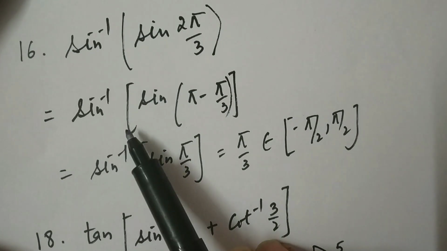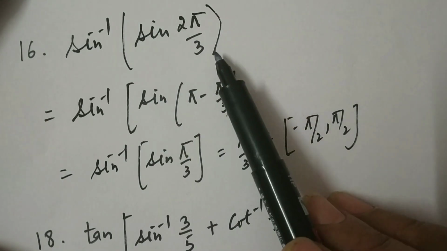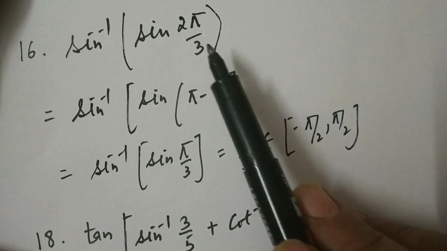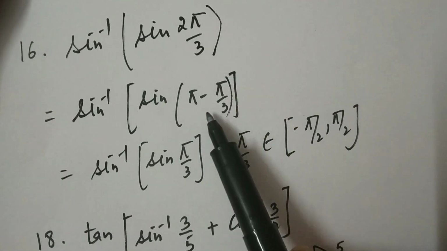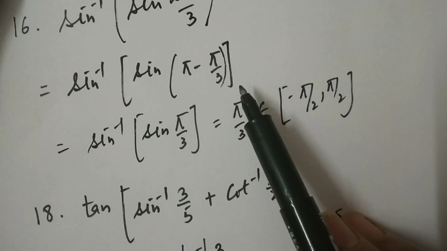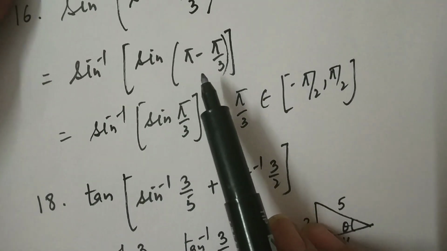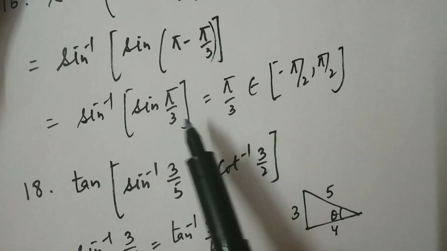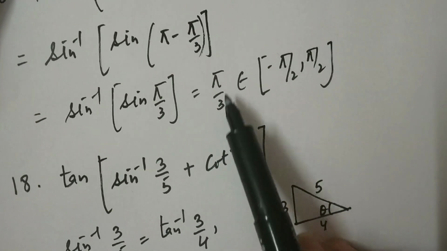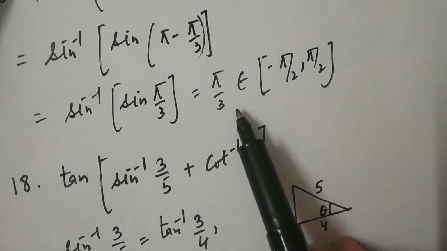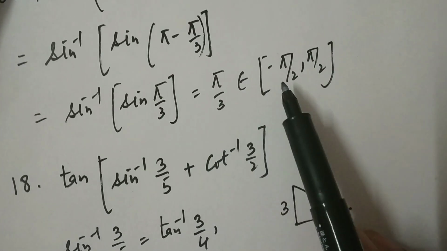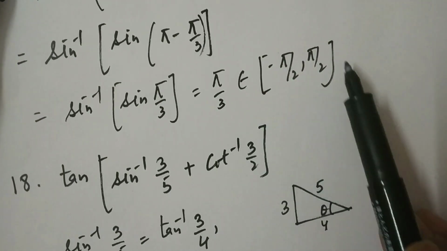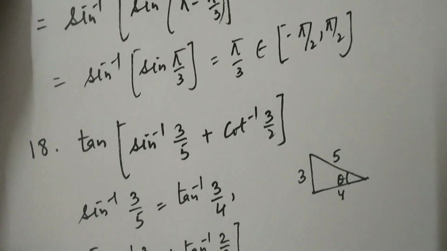Since 2 pi by 3 can be written as pi minus pi by 3, I convert it and apply the formula sine of pi minus theta, which gives me sine of pi by 3, and sine inverse of sine pi by 3 gives me pi by 3. Hence I reach my answer pi by 3, which lies in the principal value range of the sine inverse function.